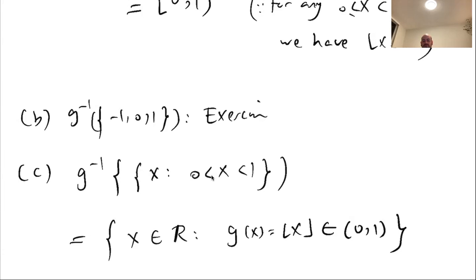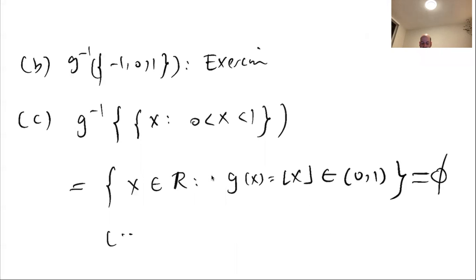If the input is 1, the output is also 1, it's not inside this set. 1.2, again, the output is 1, not inside this set. So this set, as you can guess, is the empty set.